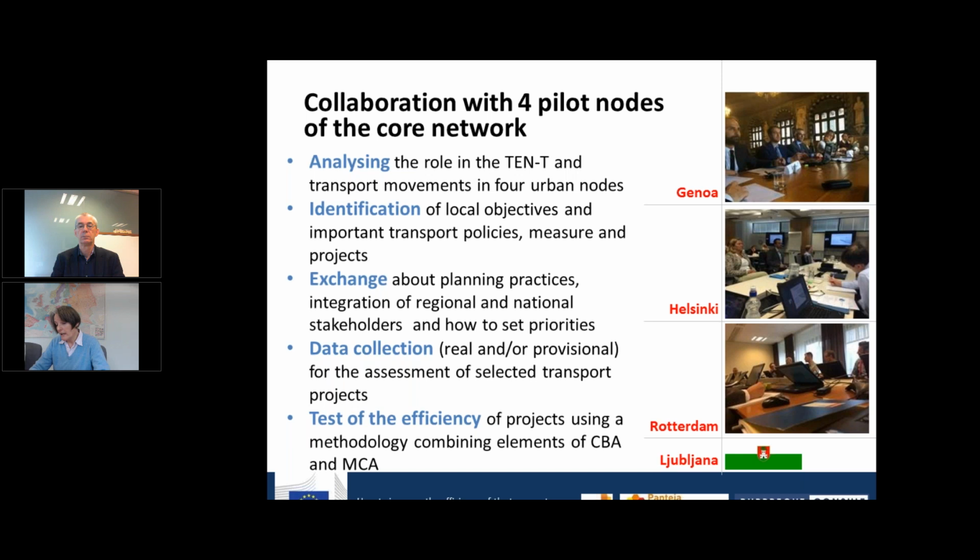And actually we found out that the planning practices are quite different in the cities, especially when it comes to the collaboration process of stakeholders. We carried out a data collection, especially in order to carry out the assessment of the selected transport projects. And we tested the methodology with the stakeholders.